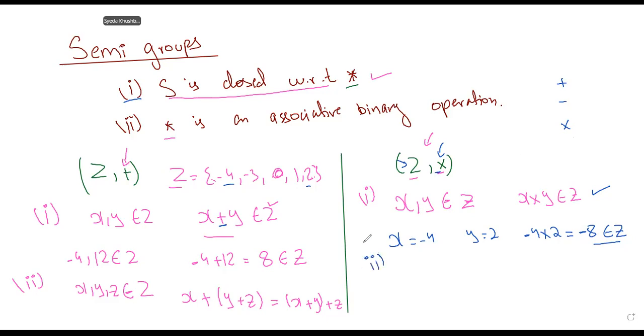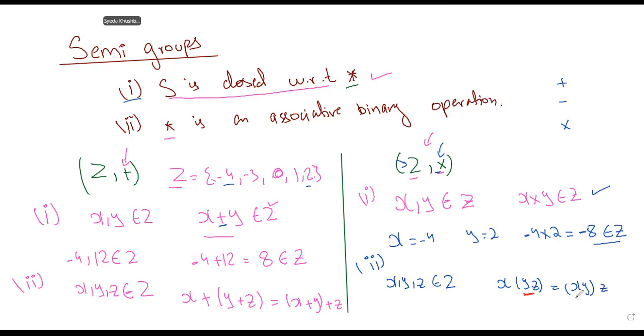For the second property, we have that the operation is an associative binary operation. So what is the associative property when we are talking about multiplication? Again, if x, y, and z, three numbers, belong to Z, then x times y times z equals x times y times z, grouped either way.